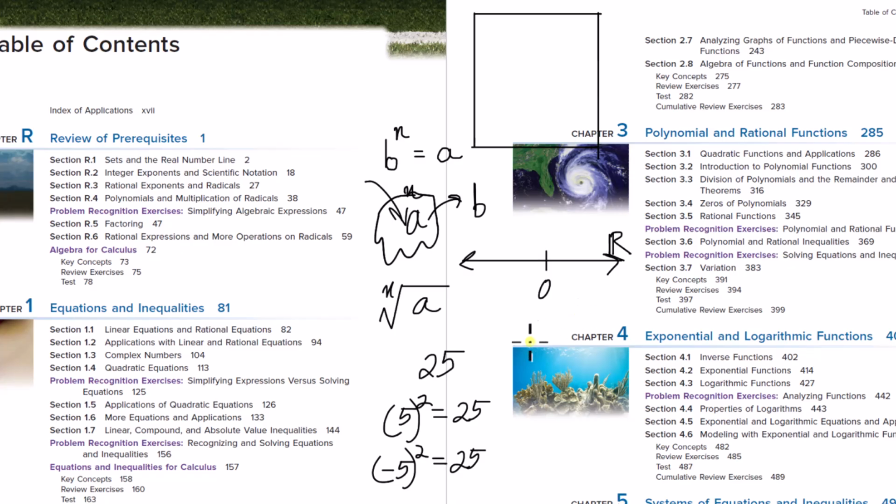Now there's also the case that if you have a negative number and you're asking for an even root of that number, the fourth root, the square root, whatever, there's no answer to that. There are no numbers that when you take them to an even power, you get a negative number. But that's not so much of an issue. We've already come across that. With division, you can't divide by 0, right?